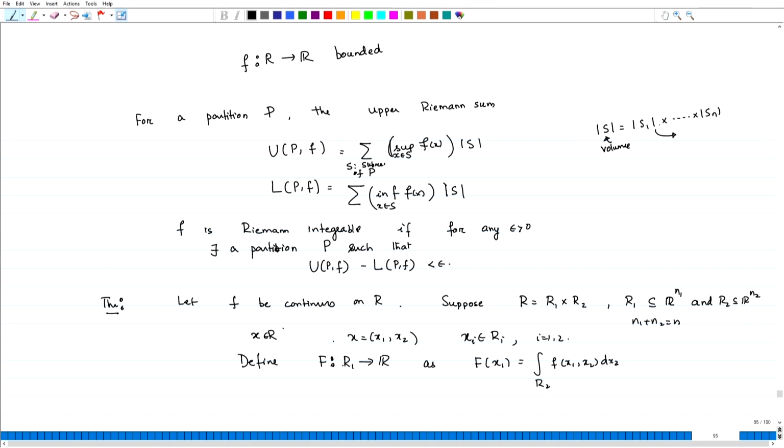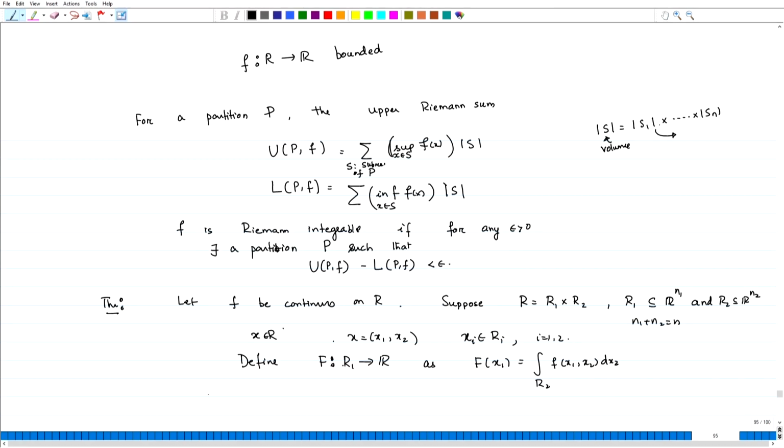Now, I am restricting f to R^{n_2} and taking the integral in R^{n_2}. Then the integral over R of f of x dx is equal to the integral over R_1, where first I perform the integral in R_2 and then I perform the integral with dx_1. Similarly, we can perform the integral first over R_1 and then interchange the order of the integration and so on.